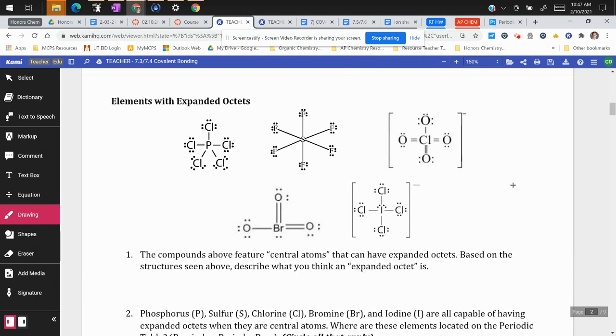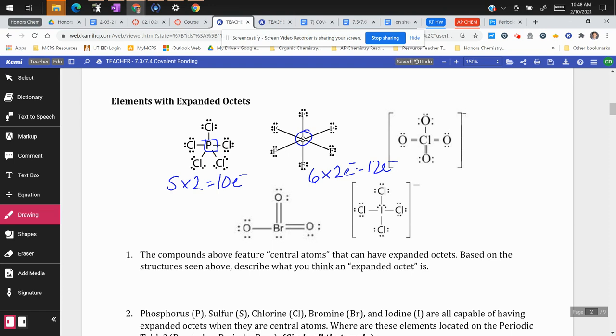Next, we can look at elements with expanded octets. If we take a look at these structures, it says the compounds above feature central atoms that have expanded octets. Based on the structures, describe what you think an expanded octet is. Well, I notice that I've got 5 bonds on phosphorus. 5 times 2 is 10 electrons. That's interesting. I've got 6 bonds on sulfur times 2 electrons each. That's 12 electrons.